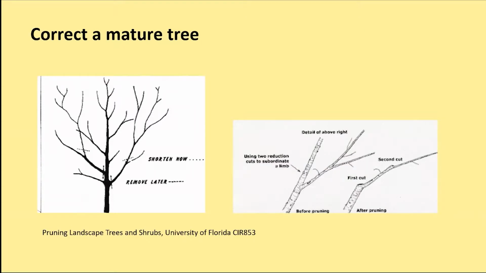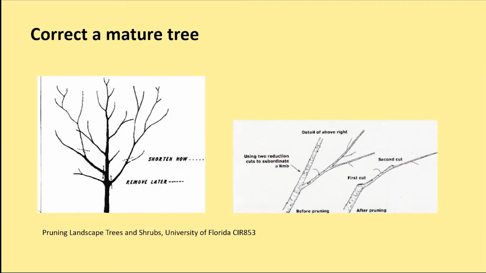But now we have overlooked doing anything to this tree for years, and a couple of the side branches have grown pretty big, nearly the same size as the central leader, and now they're competing. So what happens in this situation is the central leader will become weakened because of the competition from the side branches, and perhaps we don't want that. That's not how the tree is supposed to be, and we want it to grow healthier as a single leader form.